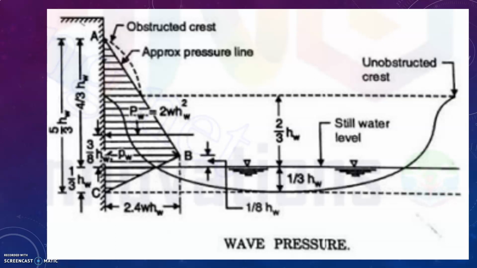However, for design purposes, the pressure distribution may be assumed to be represented by a triangle of height equal to 5/3 of Hw. This height, 5/3 of Hw. Hence, the total pressure Pw is given by Pw = 2.4 w Hw × ½ × 5/3 Hw.